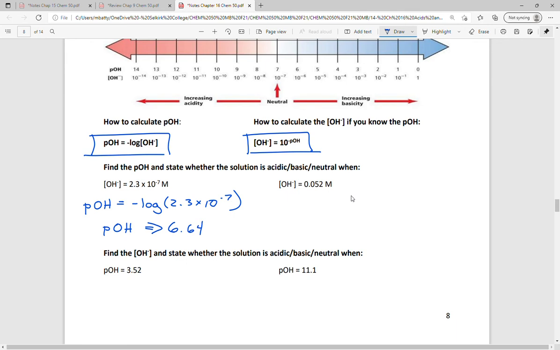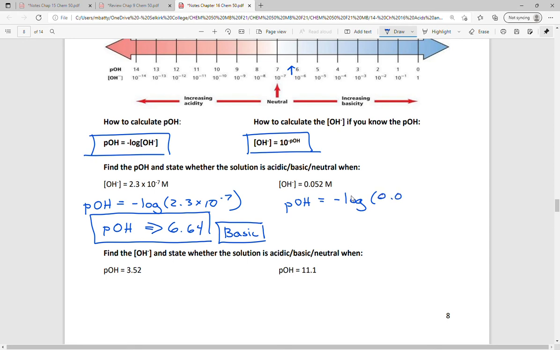So that means if I take a look at here, around 6, that would be basic on the pOH scale. So that's the way we do these. It's very similar to the others, so we don't have as many examples. It's negative log of 0.052.